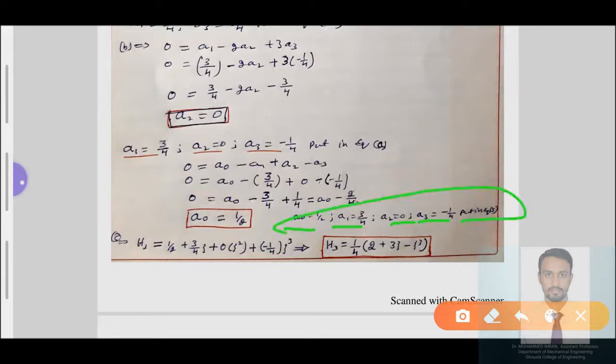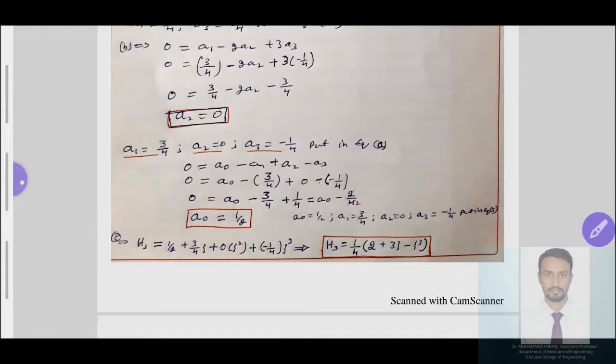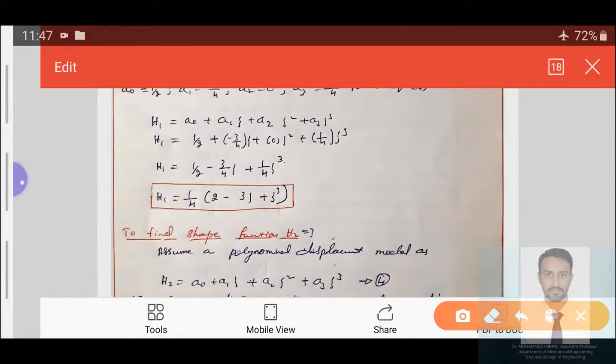Put in equation number 5, we get h3 equals 1 by 4 into 2 plus 3 zeta minus zeta cube. Same equation, only the sign has changed. You can check here h1. See here, h1 equals 1 by 4 into 2 minus 3 zeta plus zeta cube. Here it was plus in that equation, and this is a minus.